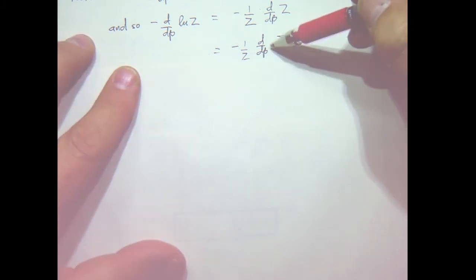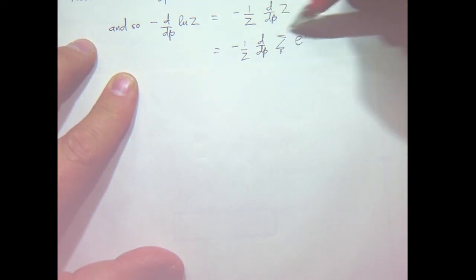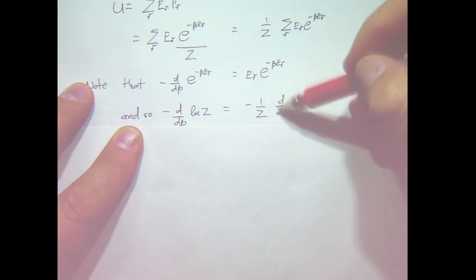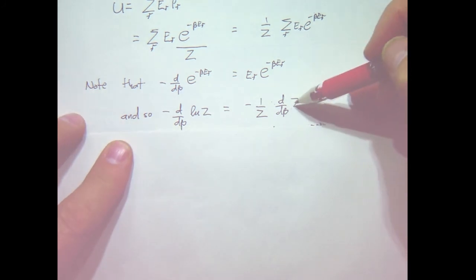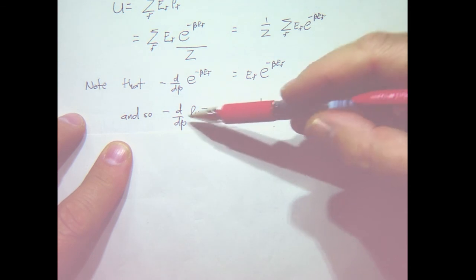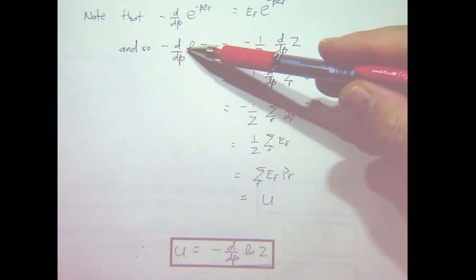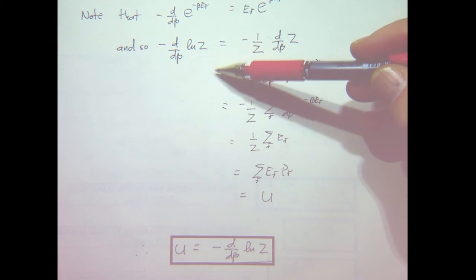But then take the d by d beta outside, and that's Z. So we've got 1 on Z, d by d beta of Z, which is just the derivative of a logarithm, d by d beta of log Z. So the internal energy is minus d by d beta of log Z.